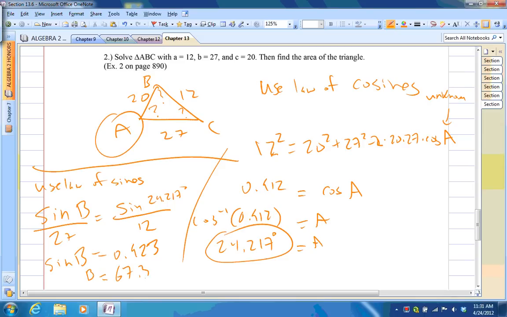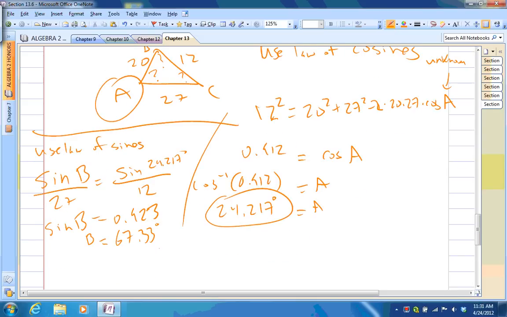So the calculator gives us this, right? So what that means is when we solve for C, we would get this. But here's the problem.